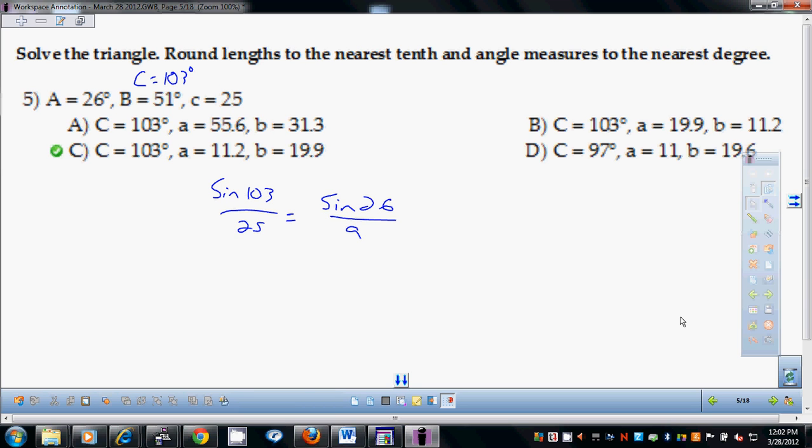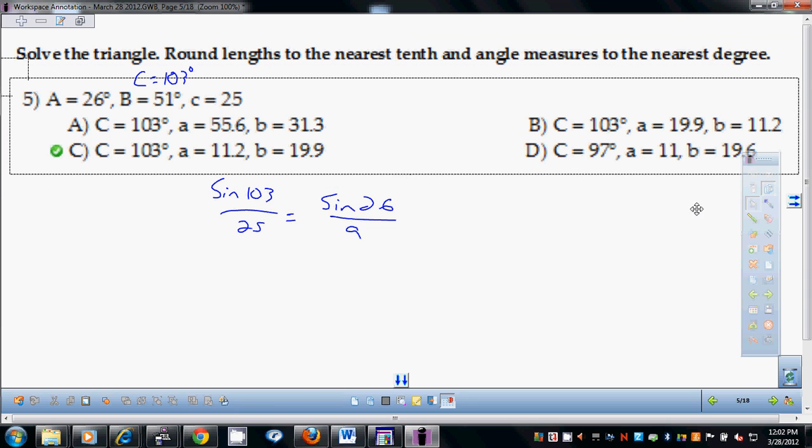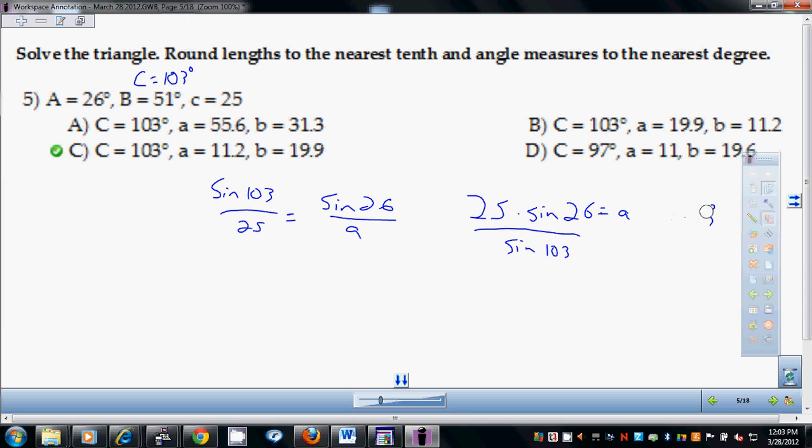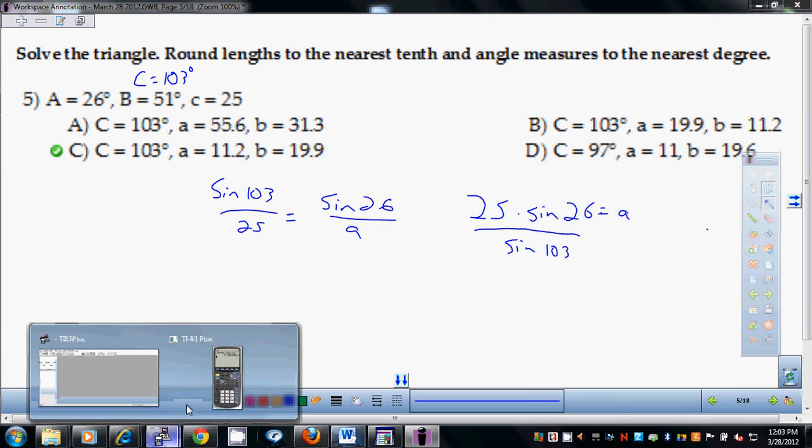Oh, yeah. Sure. Do you get where we got the original formula right here? So you cross multiply. 25 times sine 26 equals A times sine 103. So then you divide by sine 103 to solve for A. And then when you punch this whole thing in the calculator, you should get 11.2.